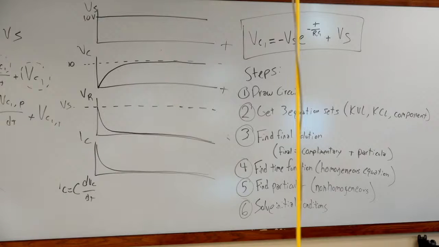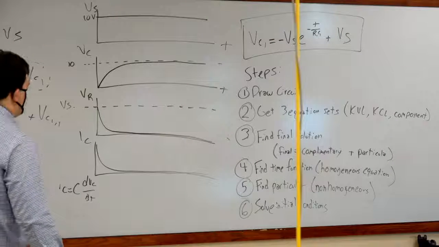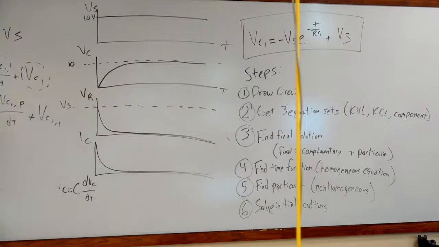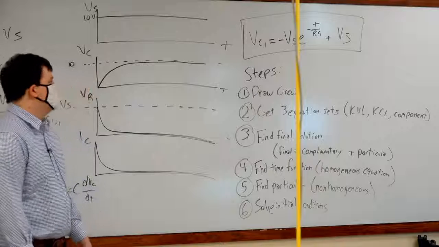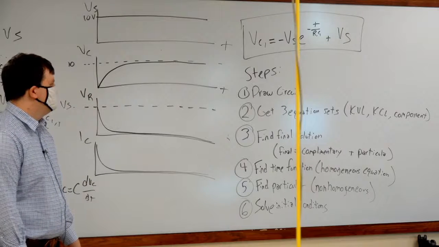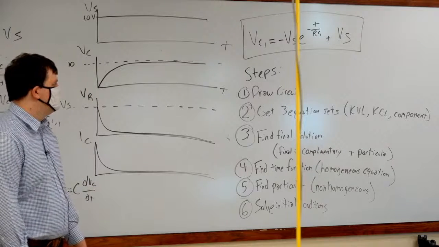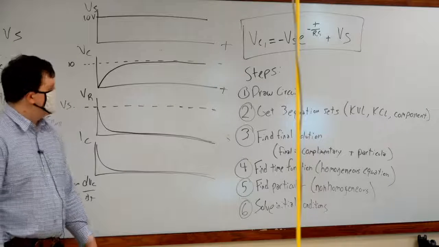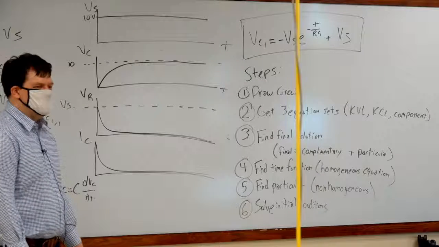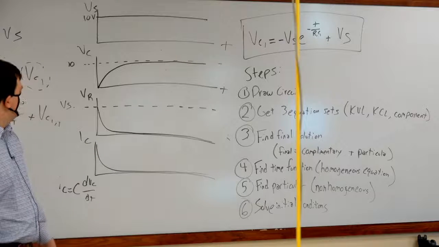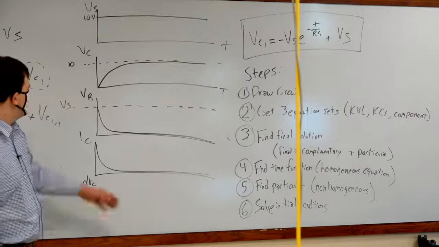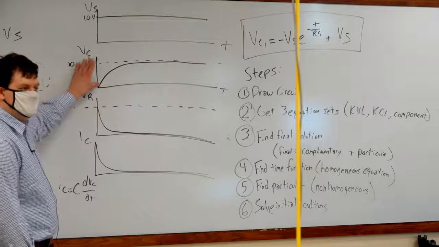Okay? Now, the important thing to note here is if I make S very, very large, what's going to happen to this curve? Well, I guess before we deal with that, if I make Vs very, very large, what's going to happen to this curve? What's going to happen to this one right here?